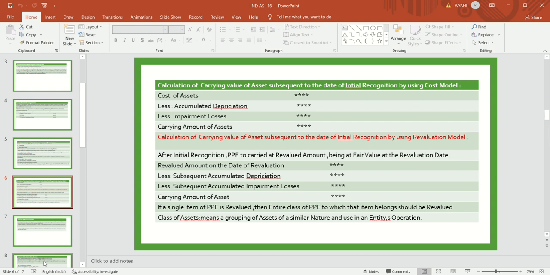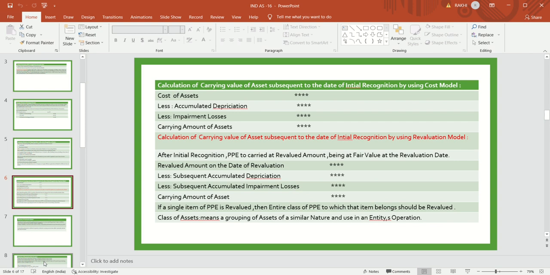So there are two models, cost and revaluation. In the cost model, how do we determine the carrying value after initial recognition of assets? We take the cost of the asset, then we deduct the accumulated depreciation and impairment if any, and that determines the carrying amount of the asset as on the reporting date.